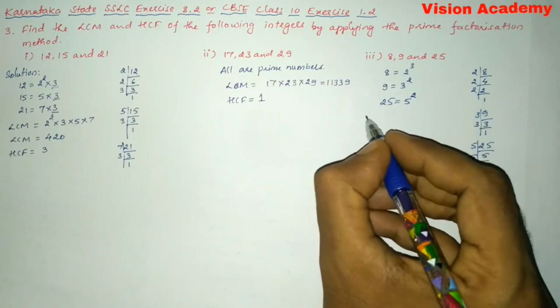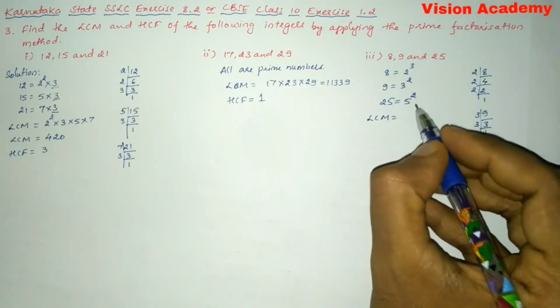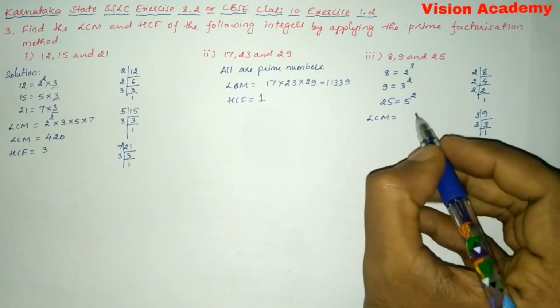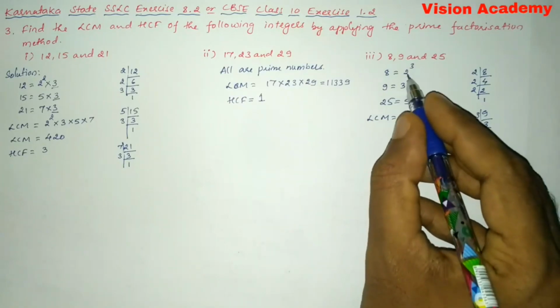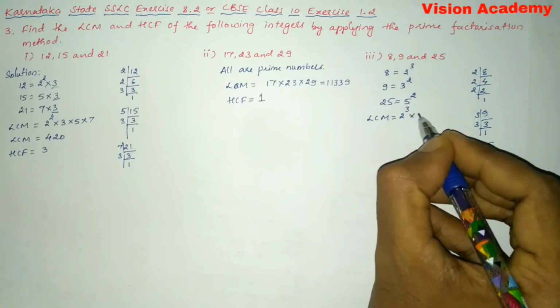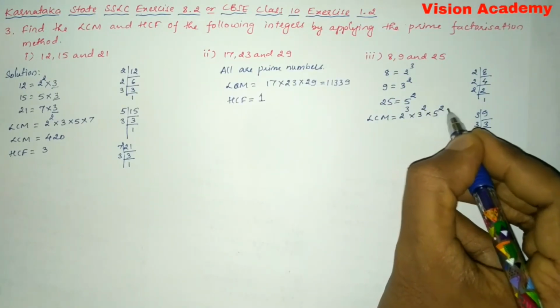Now we can write LCM. For the LCM of these three numbers, as per the definition, we take the highest power of all the prime factors in the given numbers. So here it is 2 to the power 3 into 3 to the power 2 into 5 to the power 2.